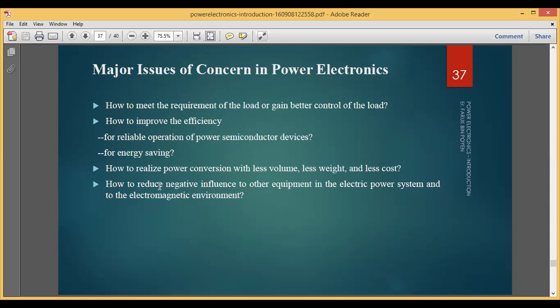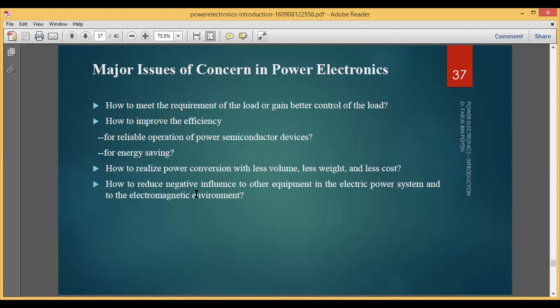Then another concern is how to reduce the negative influences of other equipment in the electric power system. Negative influence means that if there is one system and one more system, does that other system influence the first one such that its mode of operation gets changed? Is there any impact of negative influence on the other equipment?